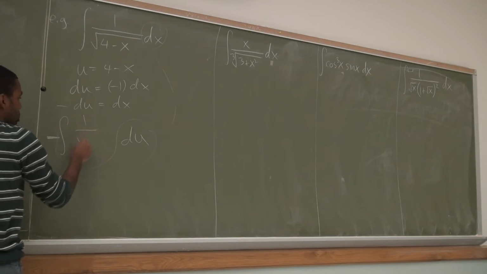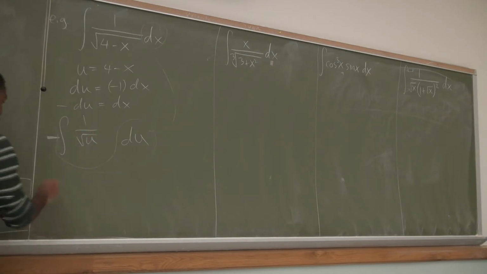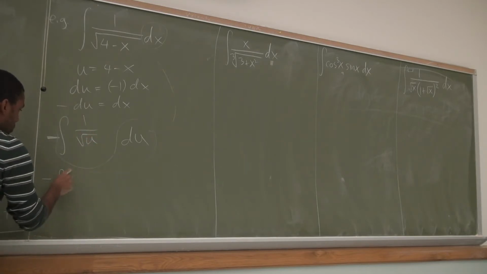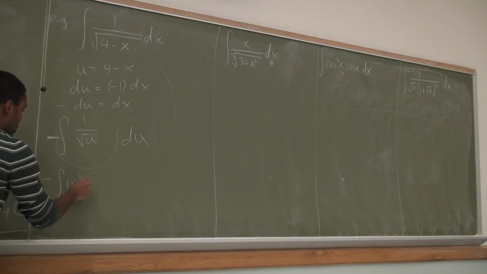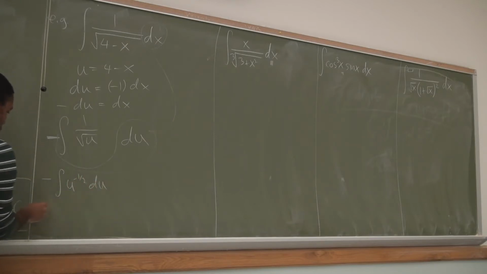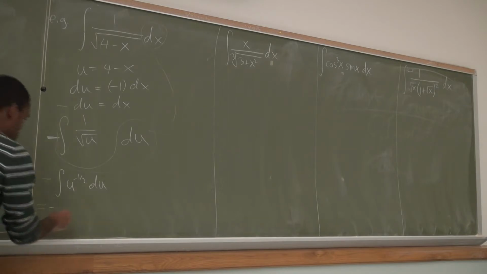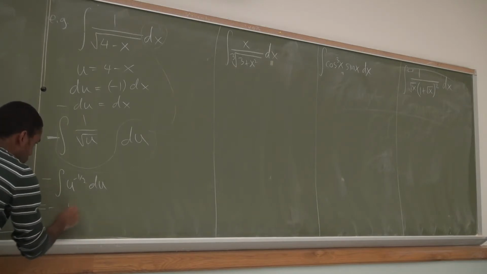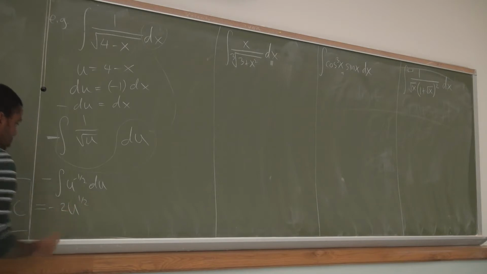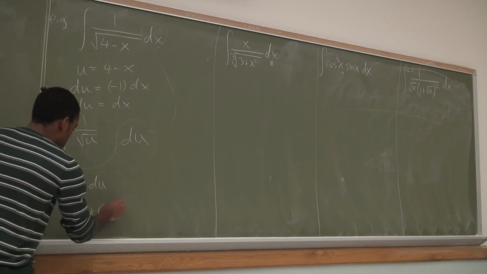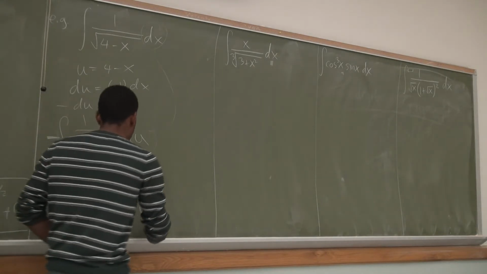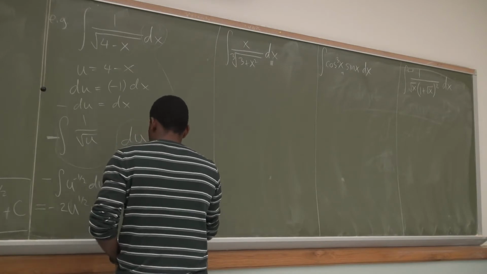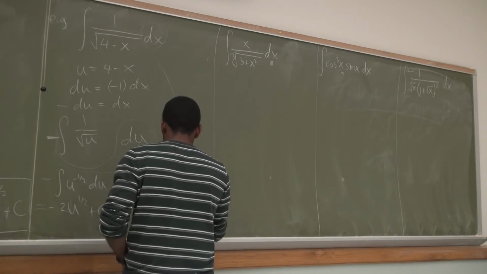So it's 1 over radical u. So it's just minus the integral of u to the minus 1/2 du. This is u to the 1/2 times 2 plus c, or minus 2 times (4 minus x) to the 1/2 plus c.